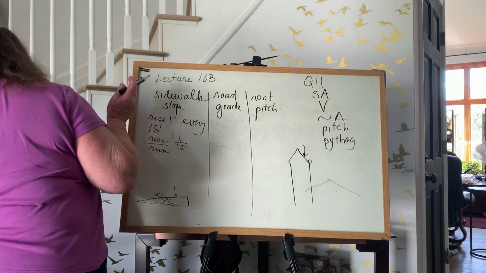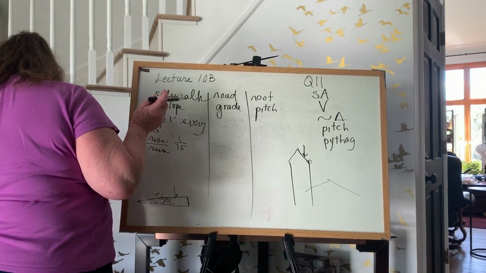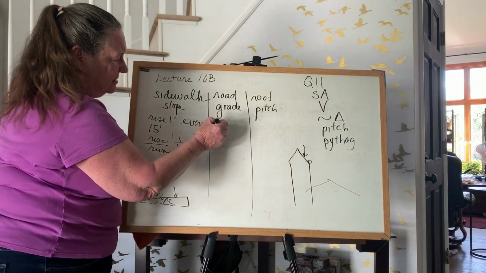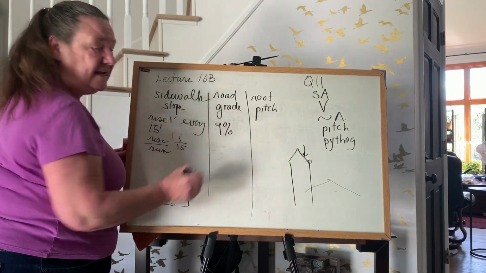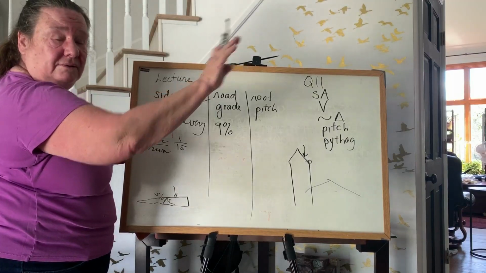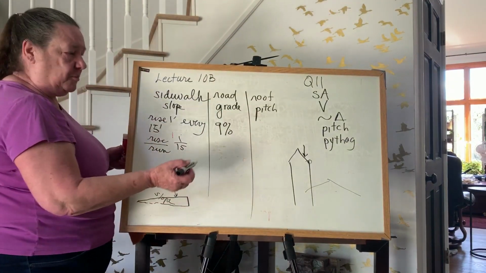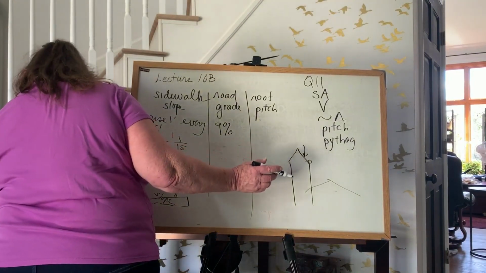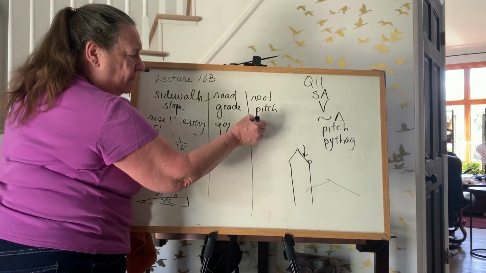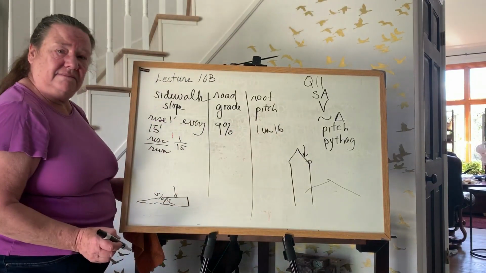The road grade is usually given in a percent. I'm going to call it 9%. It's rising 9% as it goes uphill. The roof pitch is usually expressed in a fraction or in a ratio of 1 in 16.